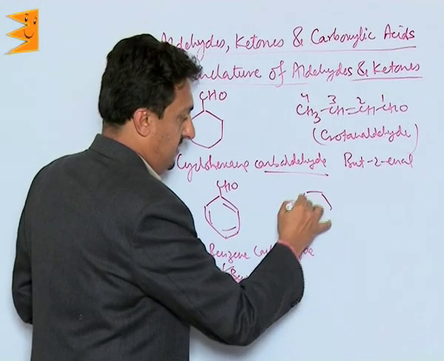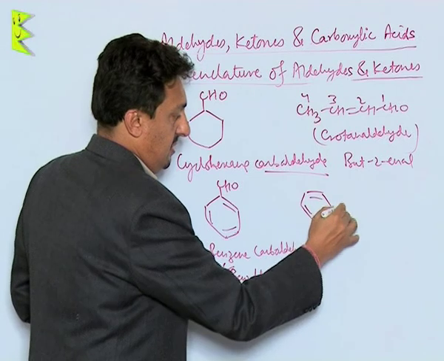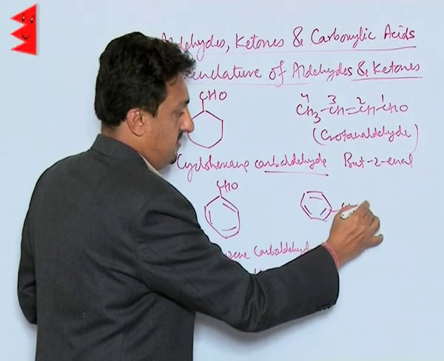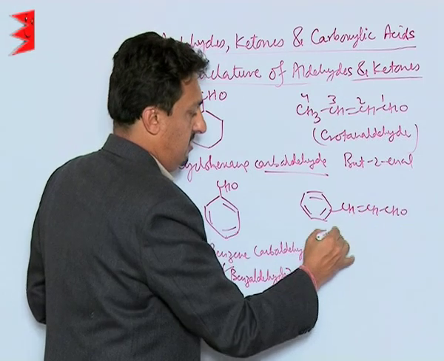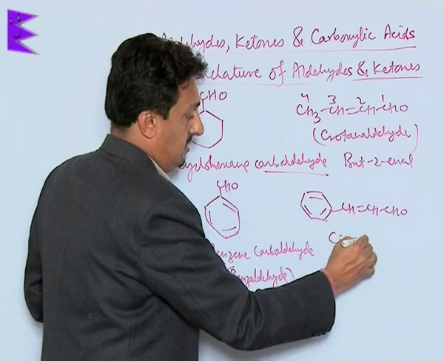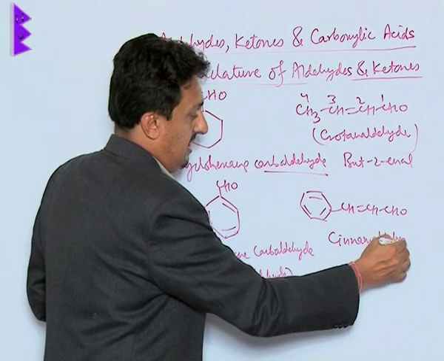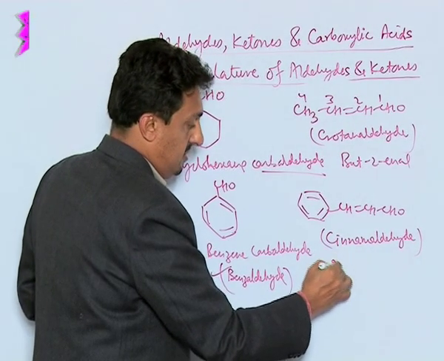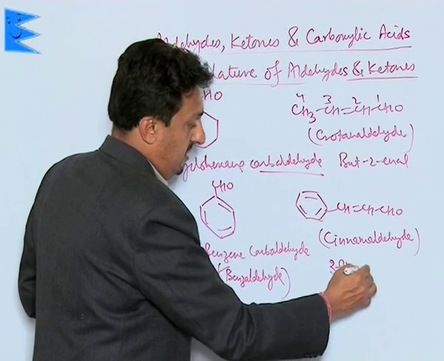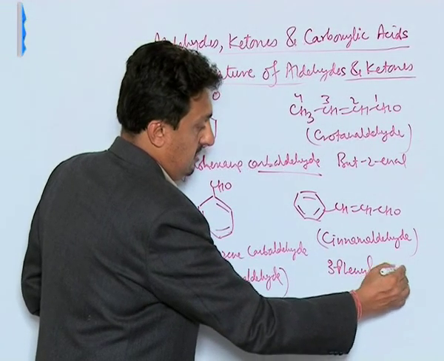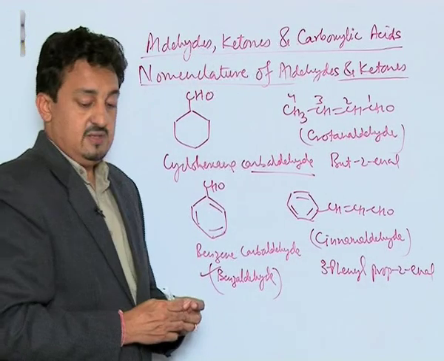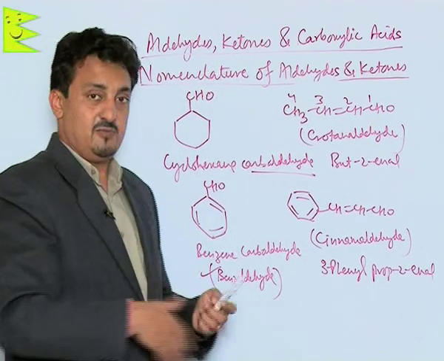On the other hand, if we have a benzene ring like this, CH=CH-CHO, it's called cinnamaldehyde, or it's called 3-phenylpropenal. So these are the different examples of the different types of aldehydes we have.